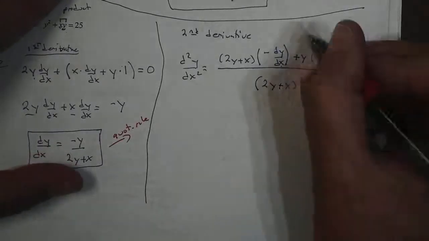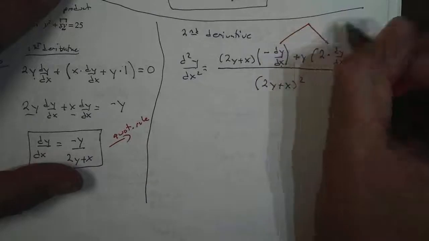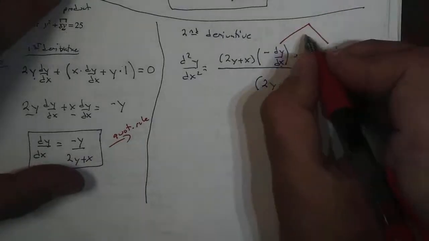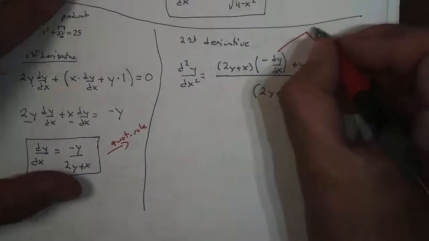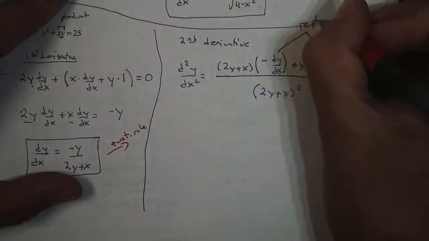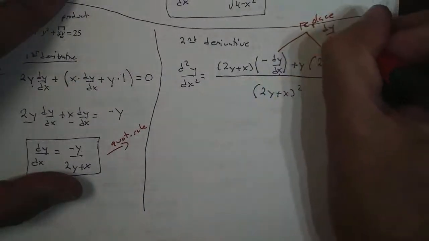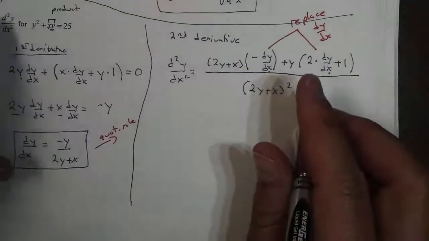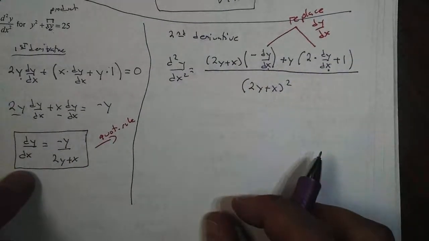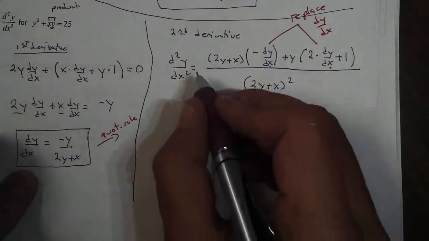But the problem, as you notice, is we have a complex fraction here. We don't like complex fractions. So what can we do? That's right. We can replace dy/dx with my derivative that we found earlier. So now I'm going to rewrite this whole thing.